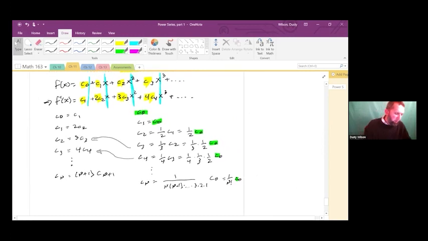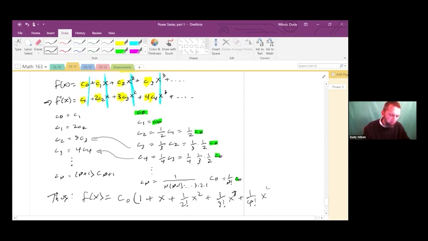That tells us that our f of x is going to equal some coefficient C naught, which we don't know, and then we're going to be left with 1 plus C1, which is 1 C naught, so I've got 1x, plus C2, which is 1/2, the same as 1 over 2 factorial, x squared, plus C3, which is 1 over 3 times 2 times 1, which is 1 over 3 factorial, x cubed, plus 1 over 4 factorial x to the 4th, plus ... on and on forever and ever.